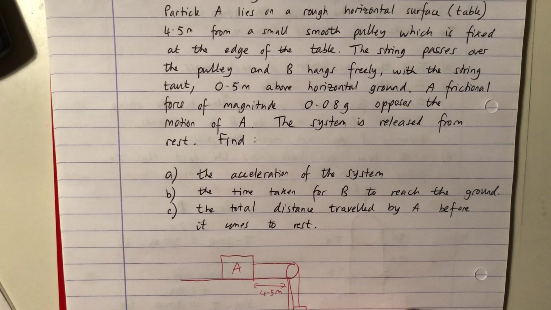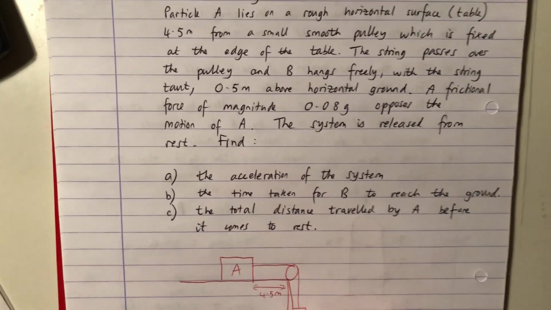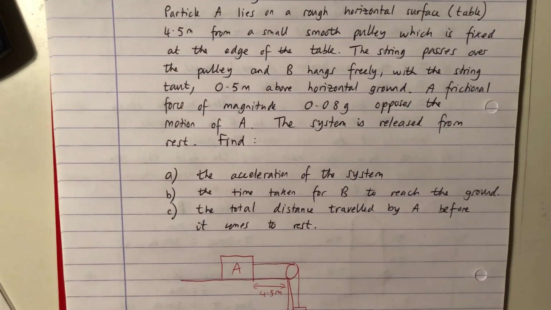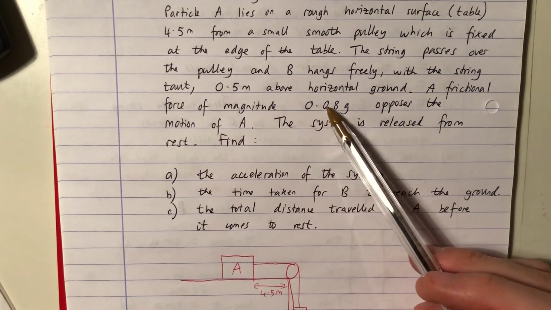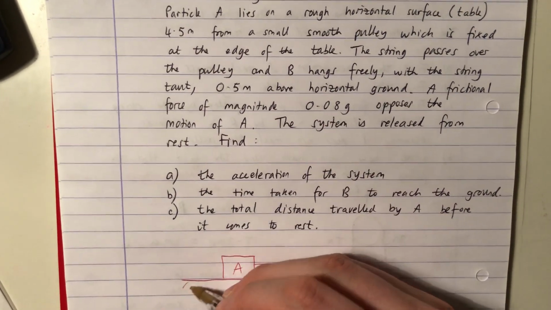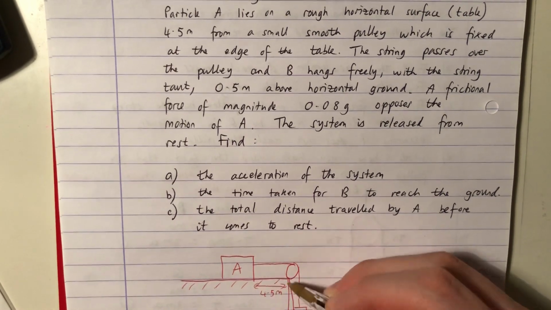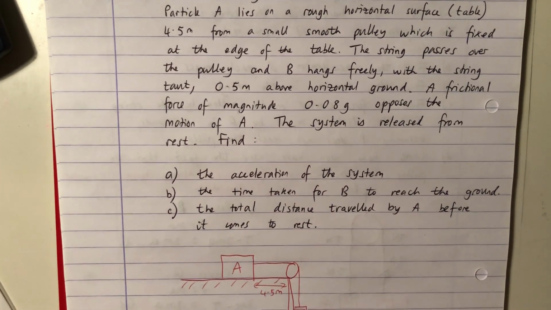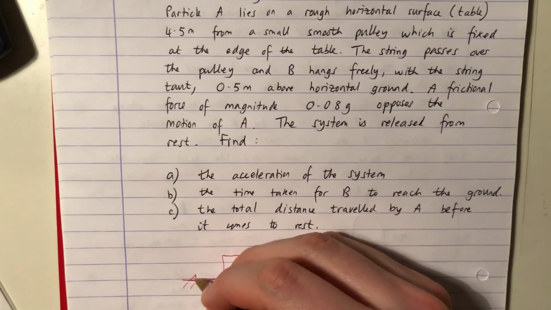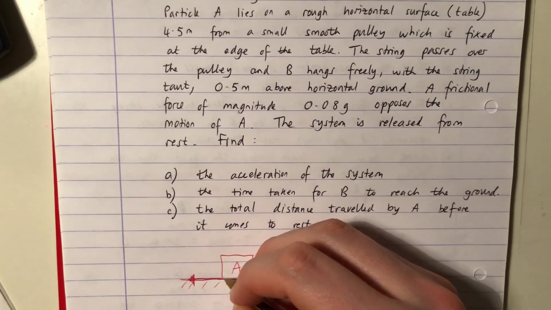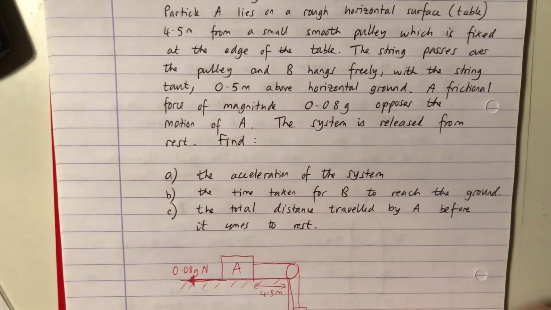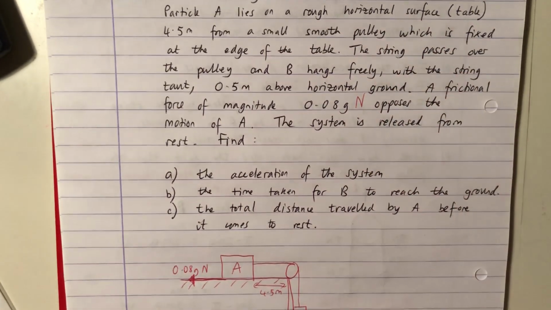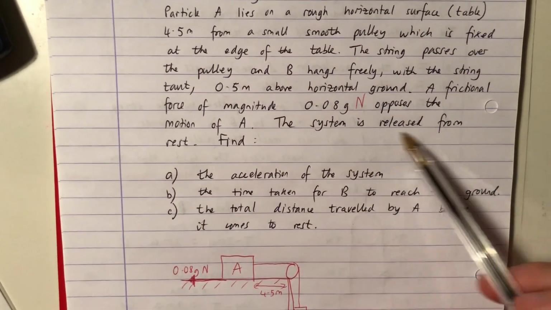Not to scale, definitely. 0.5 meters above the ground. A frictional force of magnitude 0.08 G, yeah, because this was a rough surface, opposes the motion of A. Should be newtons. The system is released from rest.